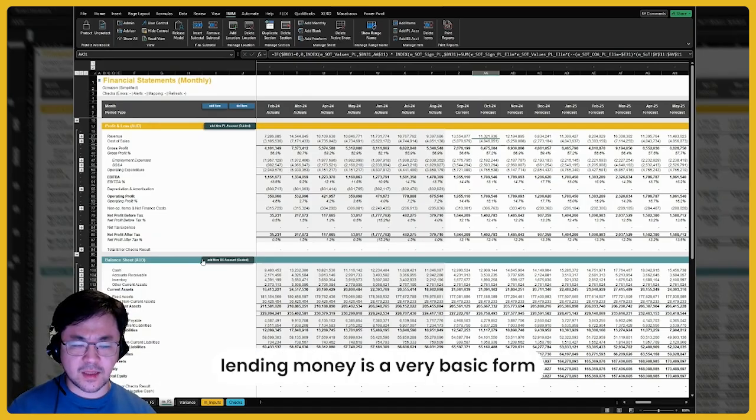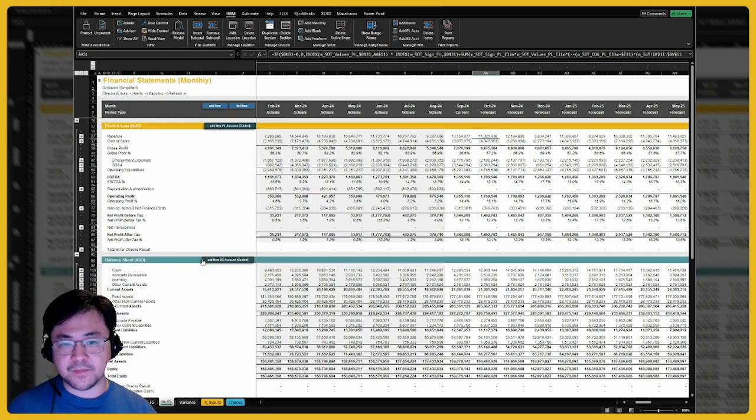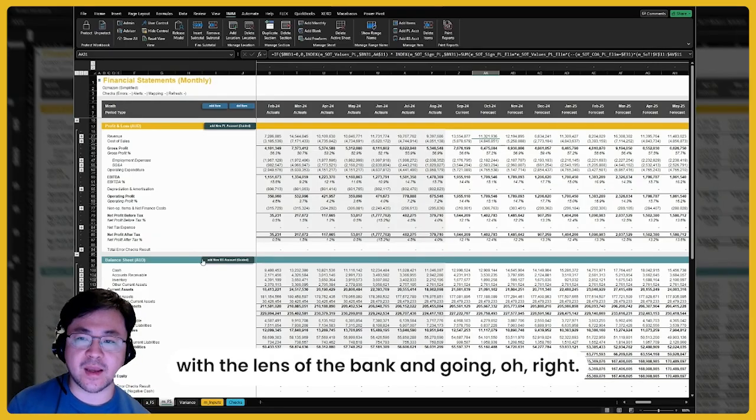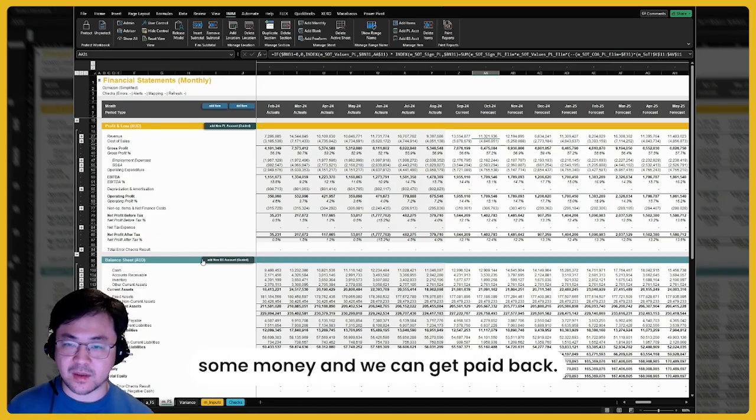Lending money is a very basic form of investment analysis. You're looking with the lens of the bank and going, all right, do we want to lend this business some money, and do we think we'll get paid back?